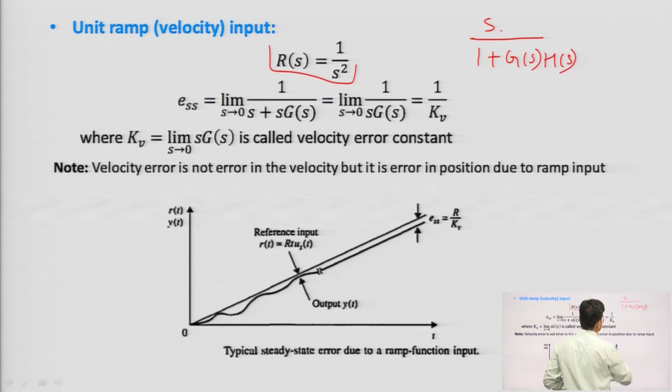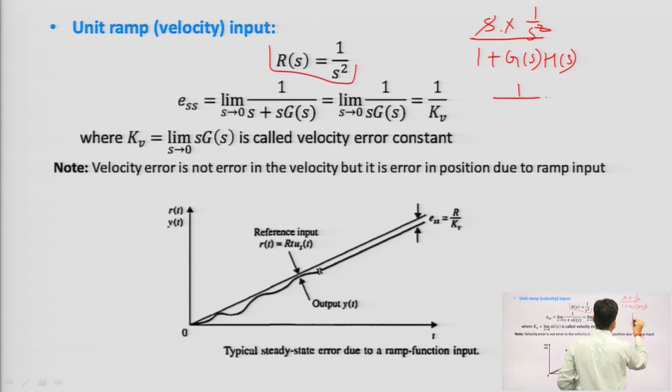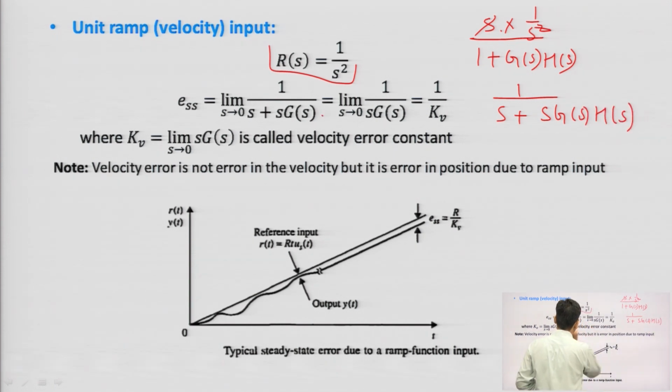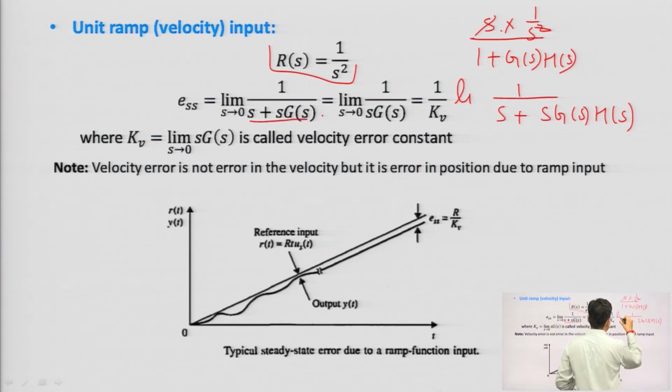If you want, you can use H(s) here also, and we are making R(s) equal to 1 by s squared, so it will be multiplied by 1 over s squared. So, s will cancel out, and 1 over s will come in the denominator. This is s plus s times G(s)H(s), if I assume H(s) present in the system. In this case, I am assuming H(s) equal to 1, that is why I am getting this type of expression. Now, I have to apply limit s tends to 0.